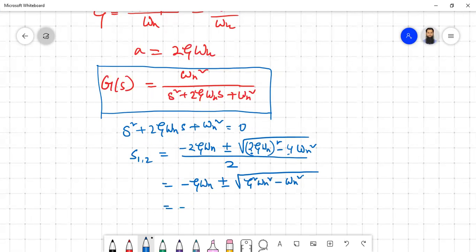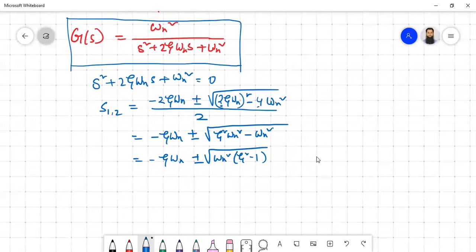So what is left is minus zeta omega n. Then you can also take omega n squared common, so we have zeta squared minus 1. Finally, you can write it like this: minus zeta omega n plus minus omega n root over zeta squared minus 1.